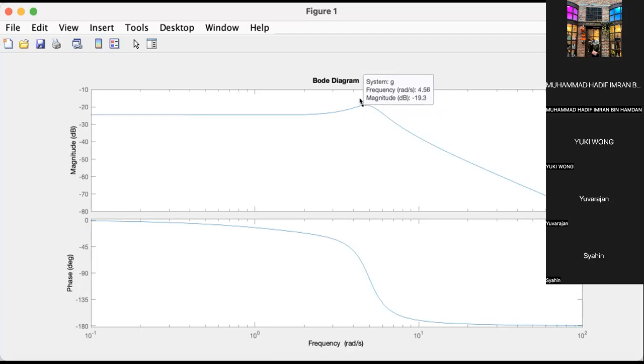Maximum. Berapa? The frequency, minus 19.1. Maximum. 4.87. 4.87. Betul?